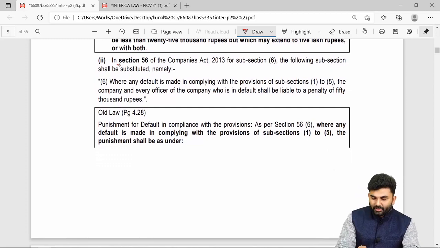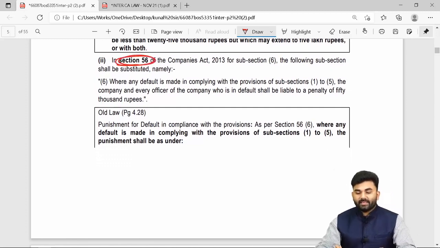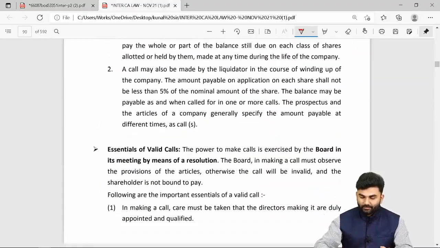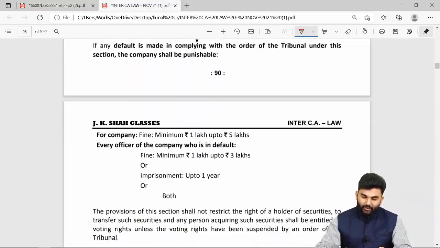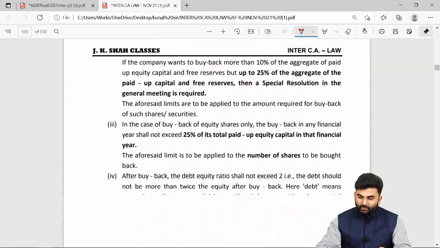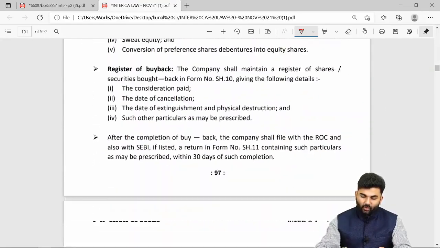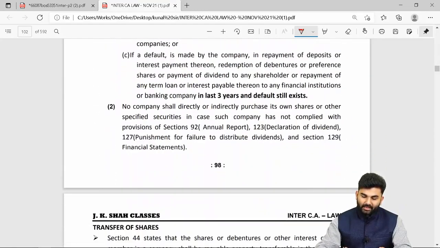The next provision is about section number 56, that is about transfer and transmission of shares. The concept of transfer and transmission of shares you will come across in your JKS's textbook on page number 99.